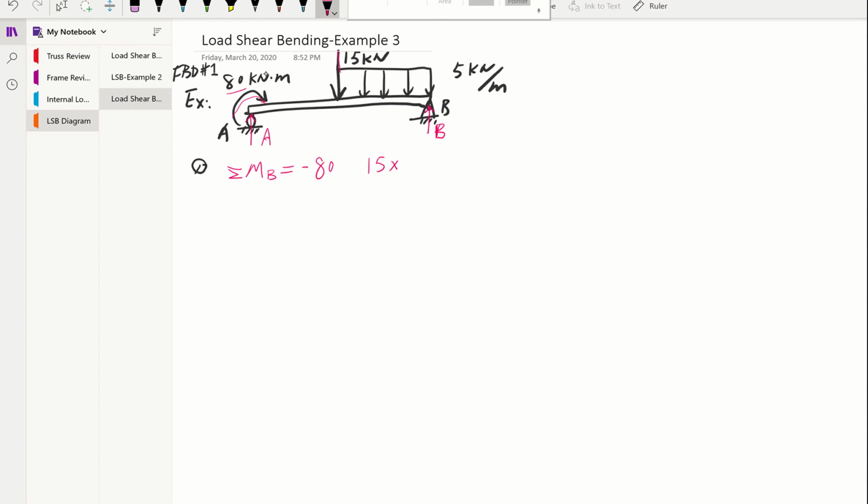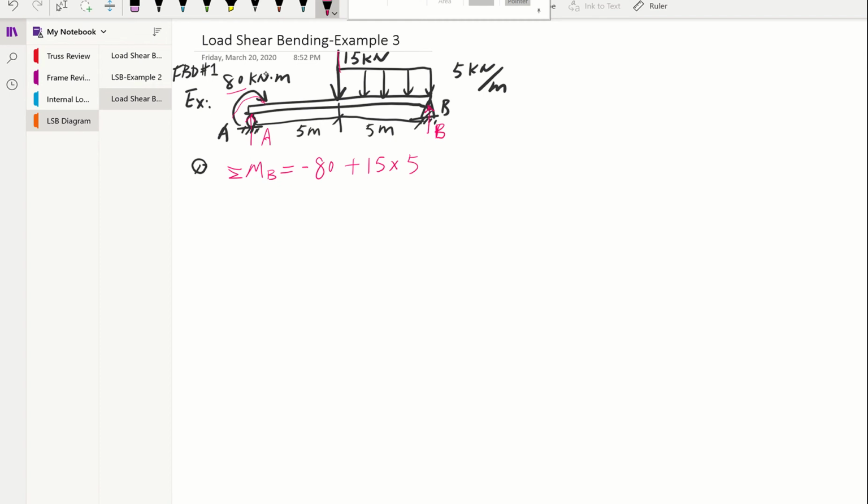Here the dimension is 5 meters. Knowing that, we continue our equation: 15 kilonewton times 5, and that's counterclockwise, being positive.